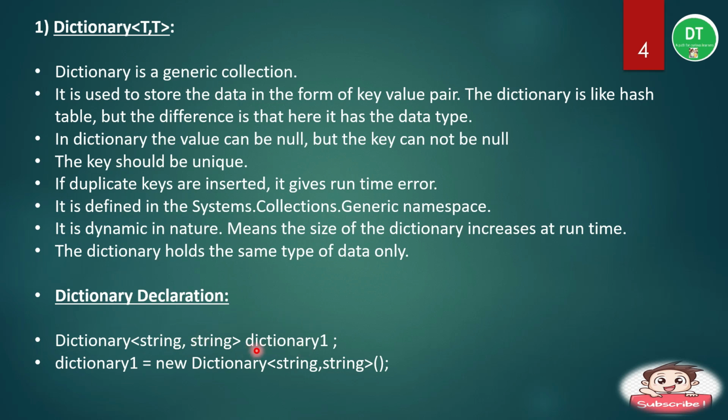The name of this dictionary variable or dictionary object will be dictionary1. So this is the declaration. But we also need the initialization. For initializing dictionary1, we write dictionary1 equals new Dictionary, with the data types of both key and value, and these brackets and the semicolon.